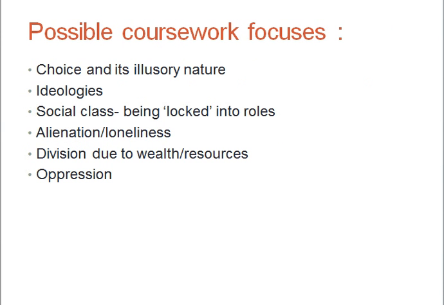Anyway, possible coursework focuses for you here on the screen. So think about literary texts you are familiar with, that you like, that you enjoy. Think about, do any of these themes ultimately appear in them? And consider how you could apply some of these Marxist ideas to that text. A good example would be Of Mice and Men.